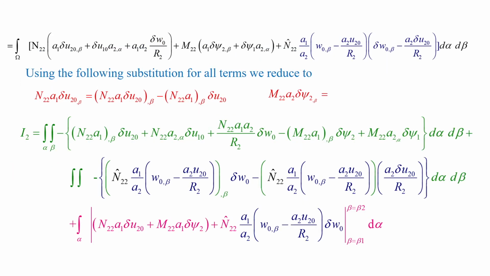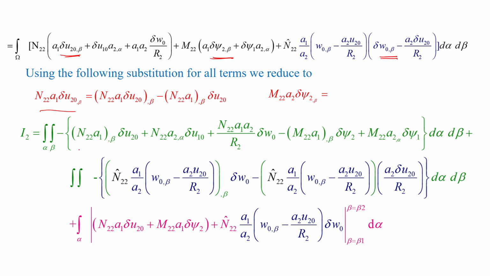So, if we substitute there and again follow the same procedure as we have done for the I1 case, we have to get rid of this derivative beta, again derivative beta, derivative beta.